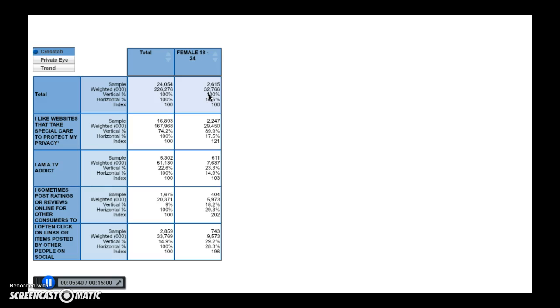We've generalized that to the total U.S. population as 32,766,000, 14.5% of all adults, as noted here.